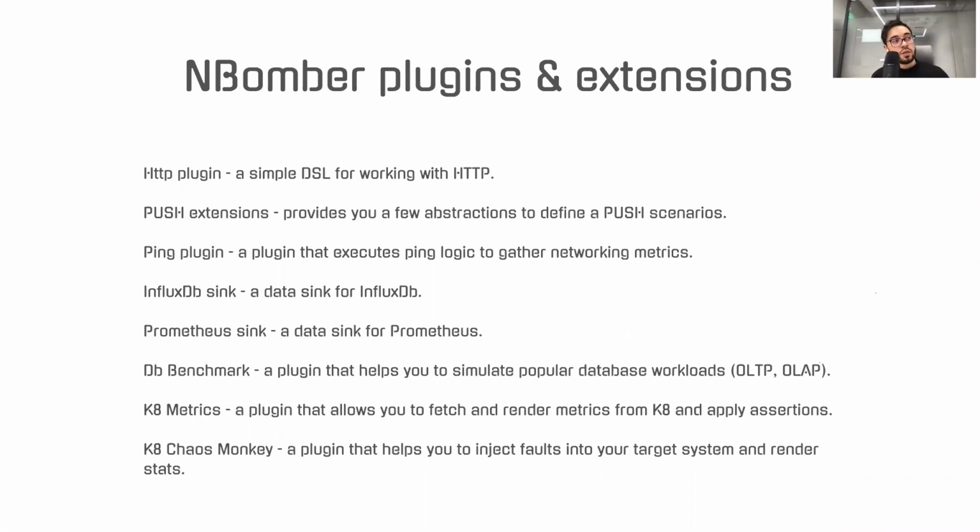Push extensions provide you a few abstractions to define push scenarios. I actually wanted to show you a push scenario. For example, that MQTT broker that I mentioned, I wanted to run like 60,000 connections and just show you the latency, whatever. But I see that I'm running out of time. So maybe later we will have another session and I will show something else.